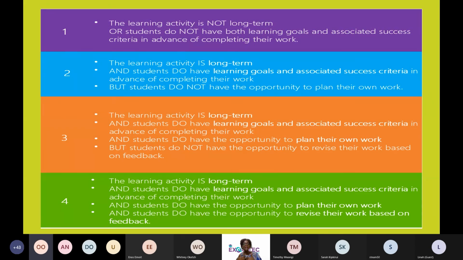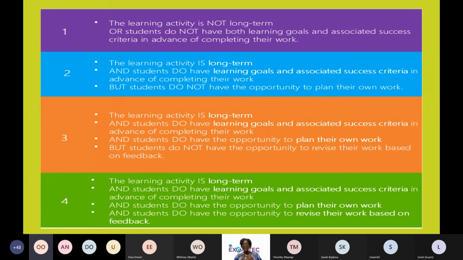But where the activity is long-term, you have the learning goals and the associated success criteria, they have it already in advance, and they have the opportunity to plan their own work and the opportunity to revise their work based on feedback, then you are at level 4.